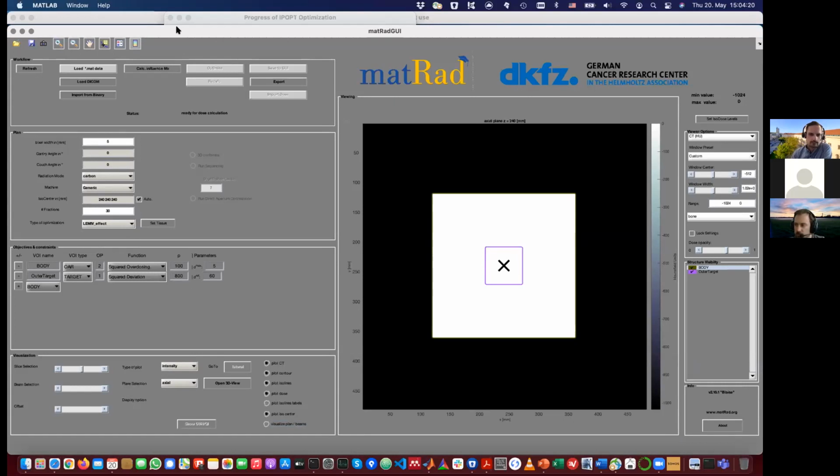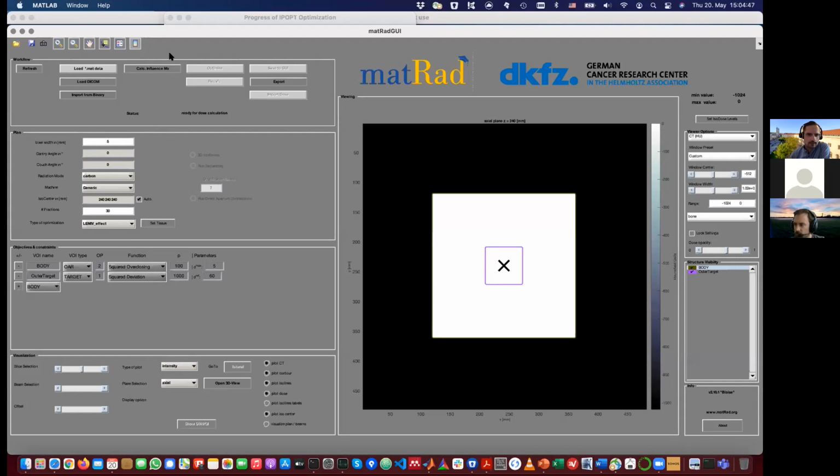For those of you who want to follow me, just select LEM4 effect, and I also add a higher penalty. I select 60 gray for 30 fractions, which means I optimize for a fractional dose of 2 gray, RBE weighted.